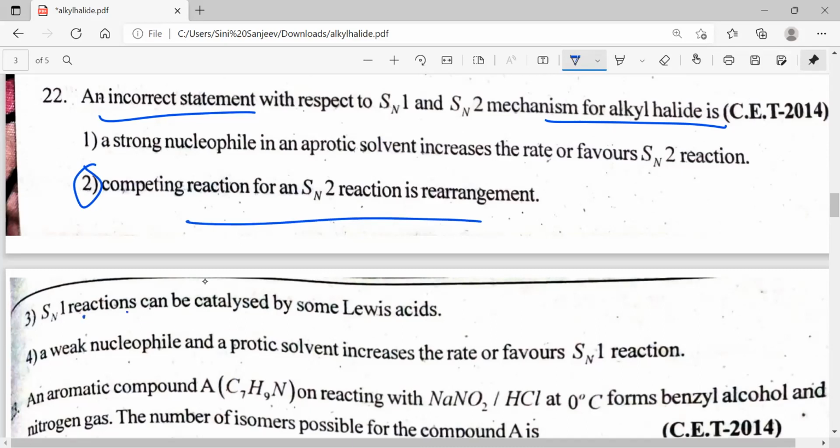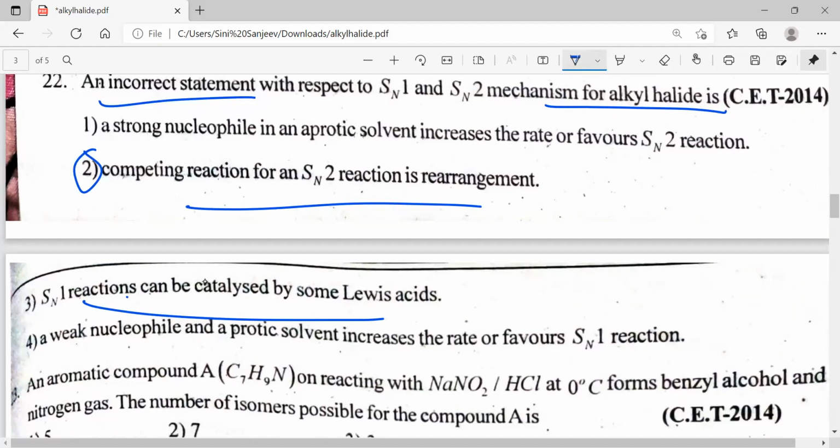SN1 reaction can be catalyzed by Lewis acids. A weak nucleophile and a protic solvent favors SN1 reaction. The first one is a strong nucleophile in an aprotic solvent favors SN2.